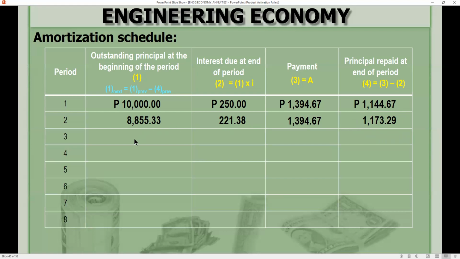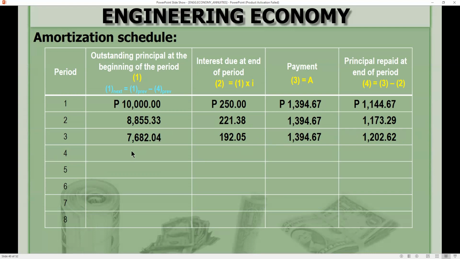So at the start of the third period, it is column 1 previous minus column 4 previous. And then this process is repetitive. You get i%, then the annuity, subtract interest, principal repaid, and then subtract it here.